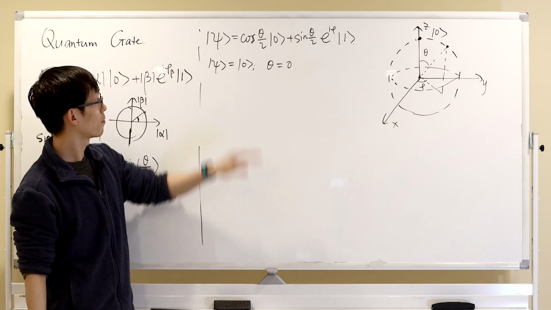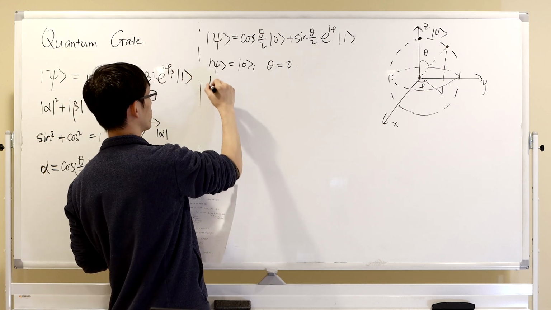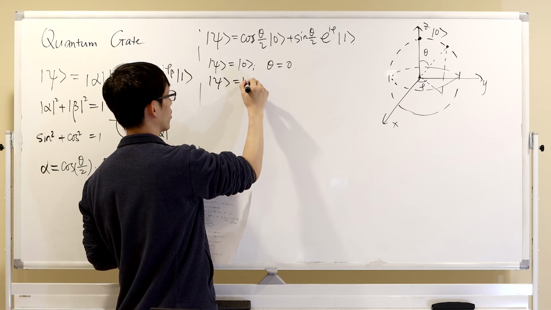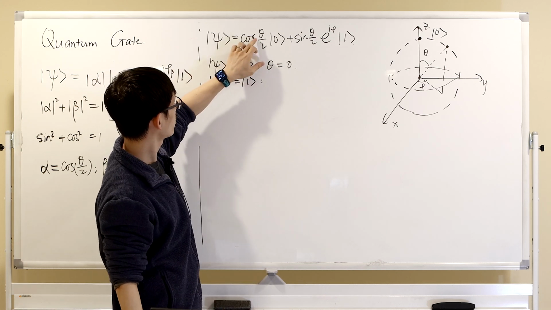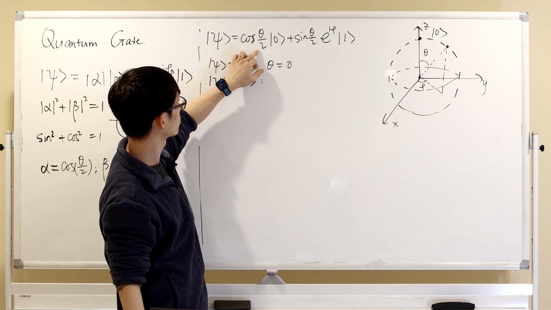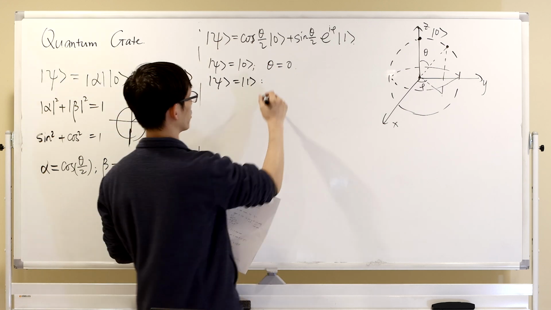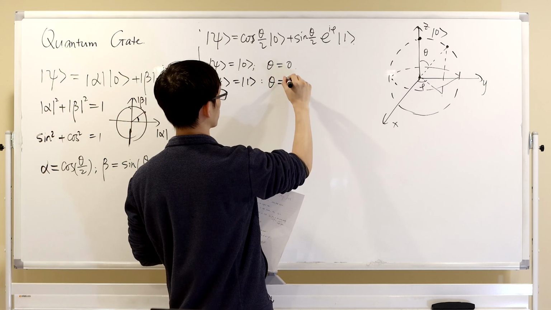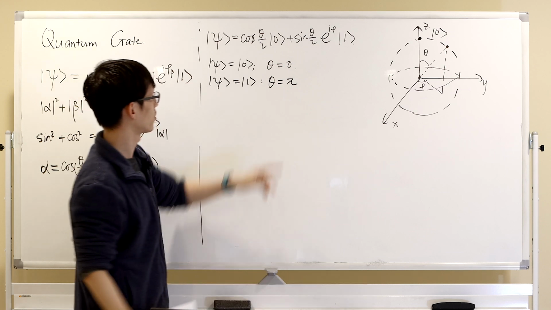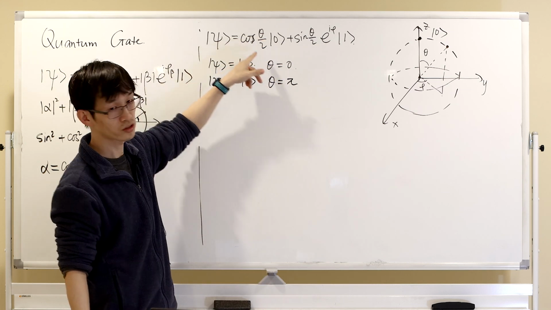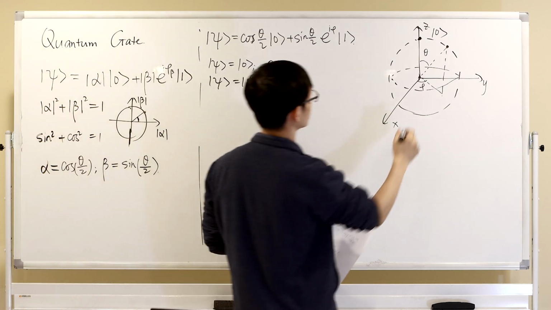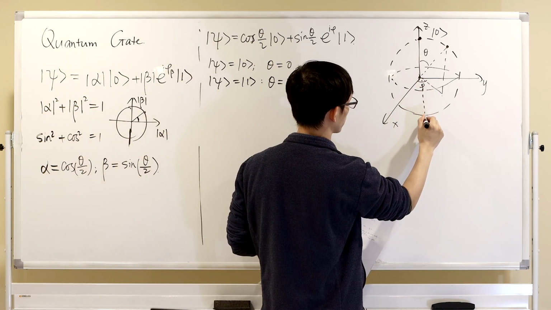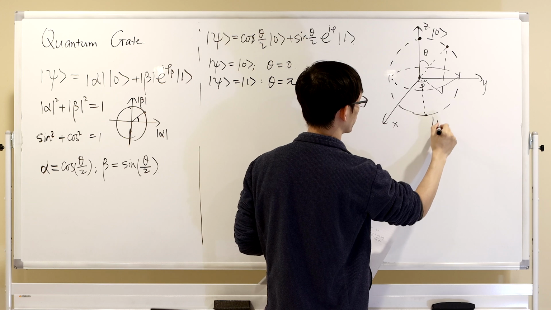And for the excited state 1, cosine of theta divided by 2 goes to 0, so theta is pi, and then sine goes to 1. So the south pole is 1.